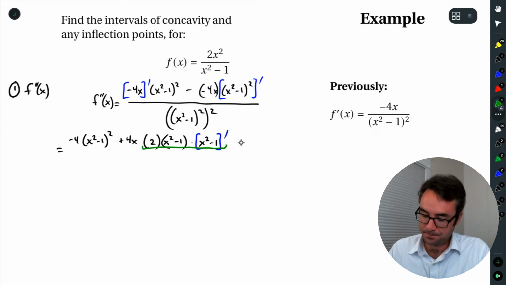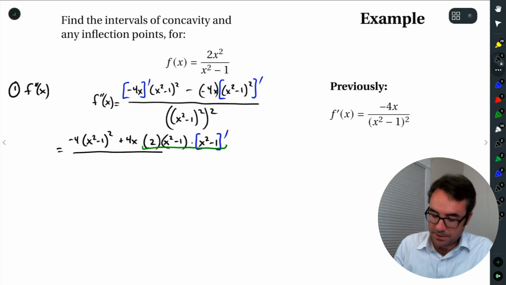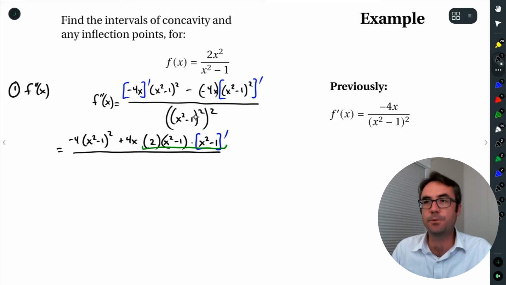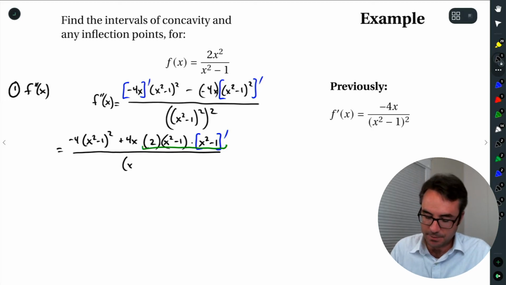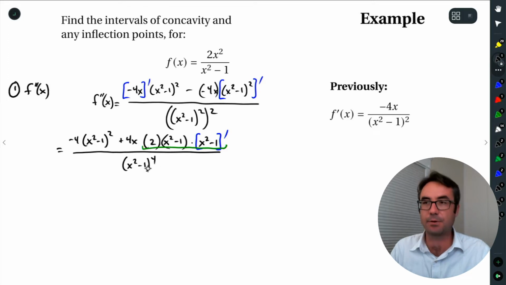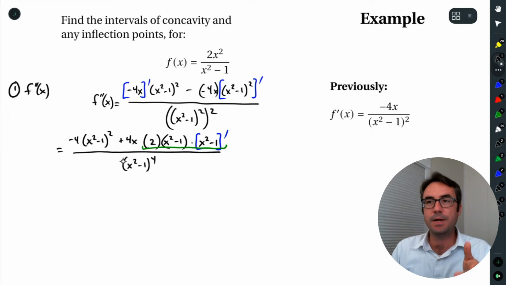All right. And while we're at it, let's simplify the denominator. There's not too much we can do just yet, but we have multiple exponents here, so multiply them together. So this is going to be x squared minus 1 raised to the power 4. All right, so now we keep differentiating and simplify if you can as we go.